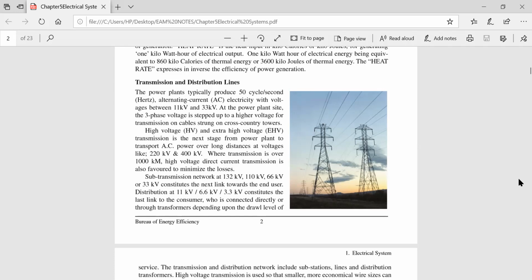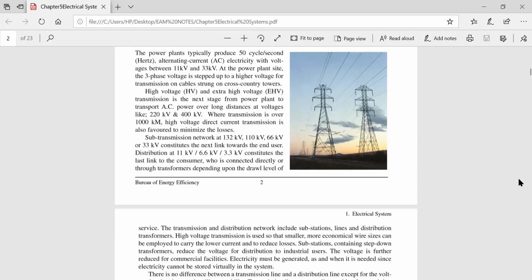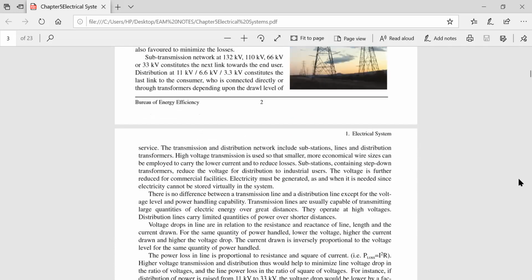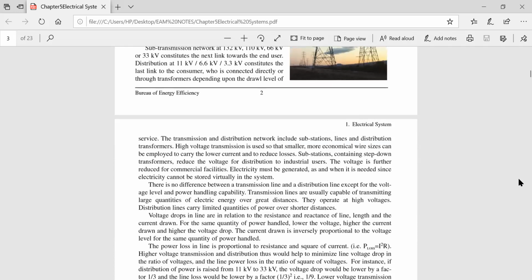So these are the things of transmission. When we talk about the difference between a transmission line and a distribution line, there is no such fundamental difference, but the difference is the voltage level in the line and the power handling capacity.